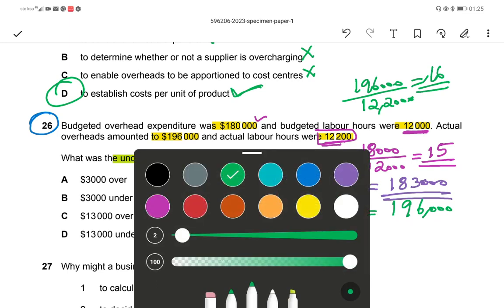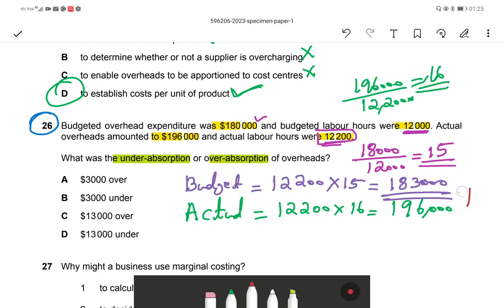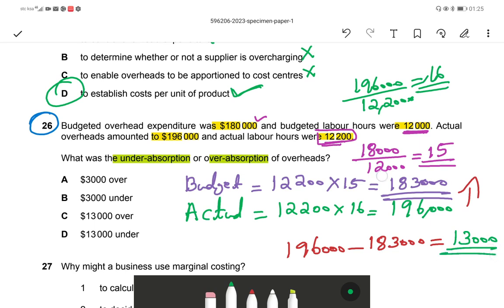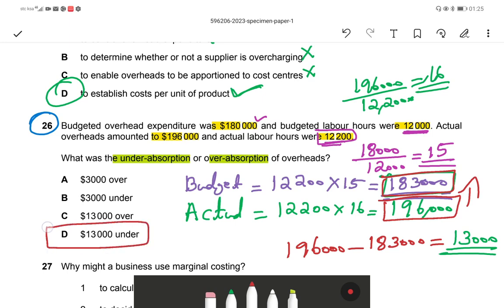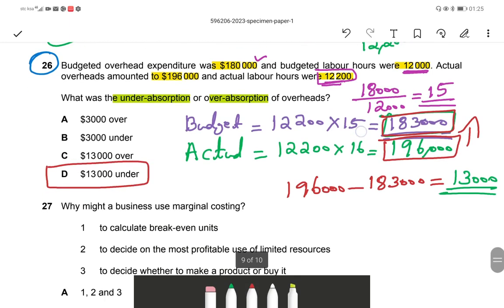So here it is increased or decreased? This is increased. How much is the increase? 196,000 minus 183,000 is equal to 13,000. Budget was less compared to actual. Actual is more, budget was less. So this is under absorption. 13,000 under absorption. So the correct answer is D, 13,000 under absorption.